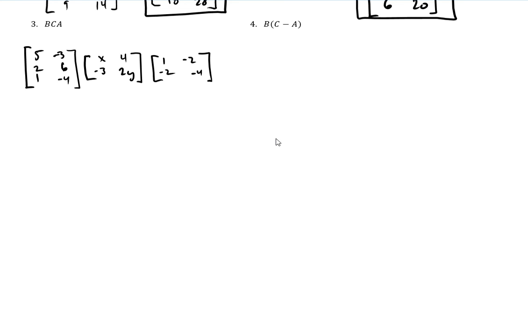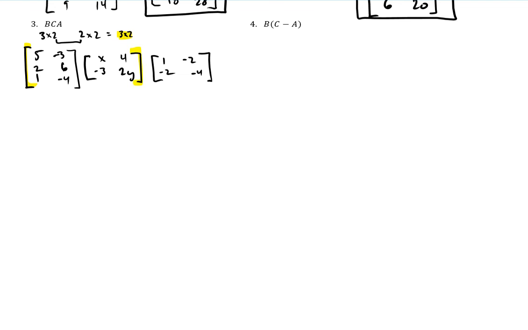Well, first thing we should do is again, make sure that they do multiply. This has 3 rows and 2 columns. This is 2 by 2. So the 2 and the 2 match. Our answer would be a 3 by 2 matrix. Okay, so that's the answer for these first 2 multiplying. Once we multiply, I'm just going to highlight those getting multiplied.